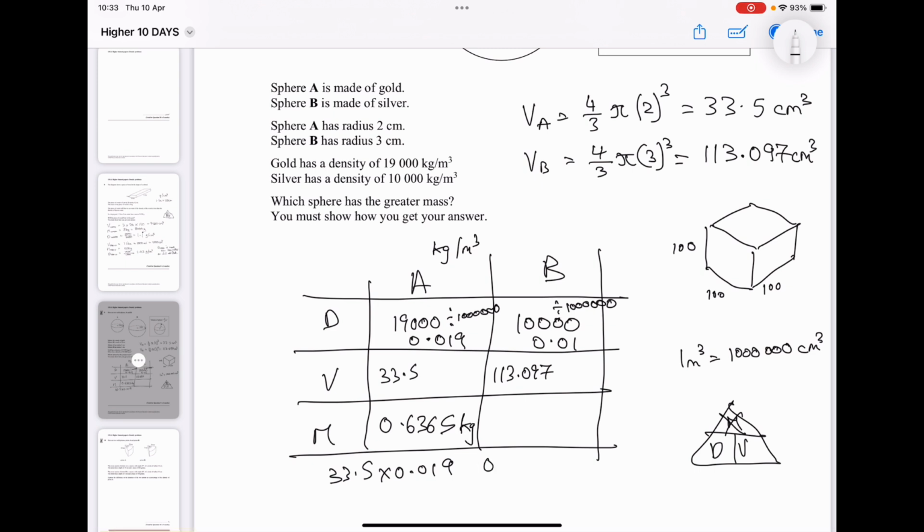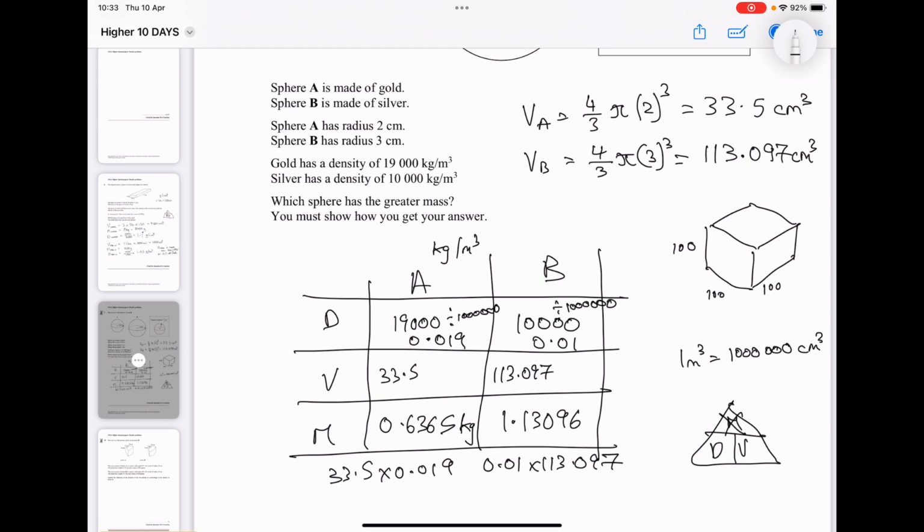And then I've got 0.01 times 113.097, which equals 1.13097.